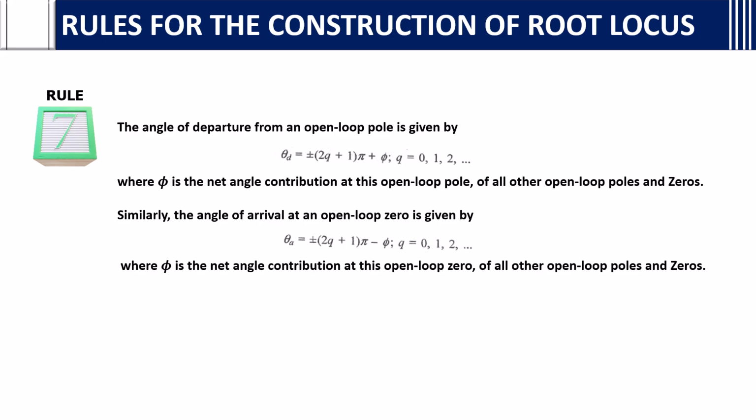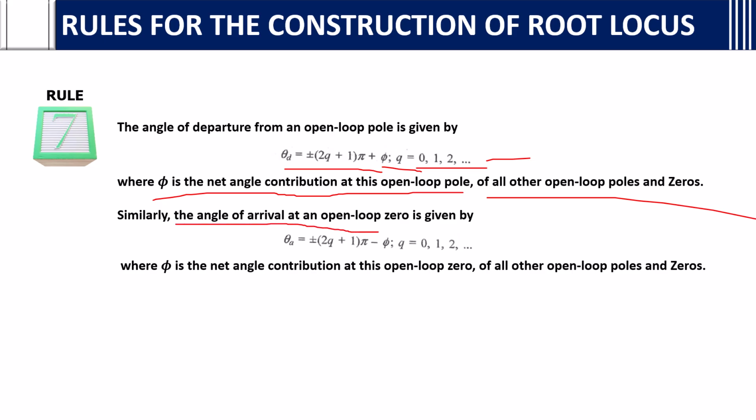Seventh rule. The angle of departure from an open loop pole is given by theta d equals plus or minus (2q plus 1) into pi plus phi, where q equals 0, 1, 2 continuing till infinity. Here phi is the net angle contribution at the open loop pole of all the other open loop poles and zeros, the total angle.